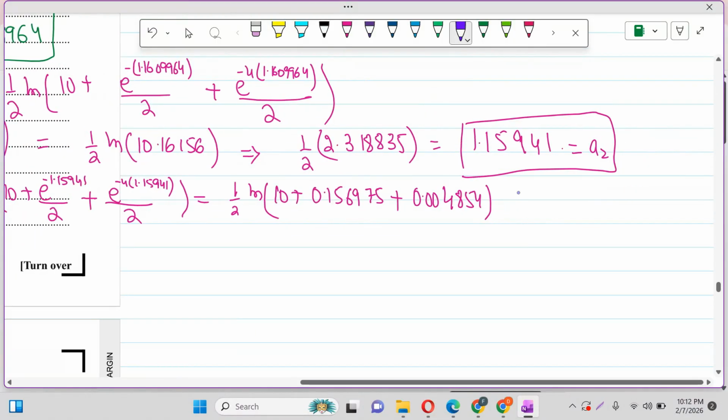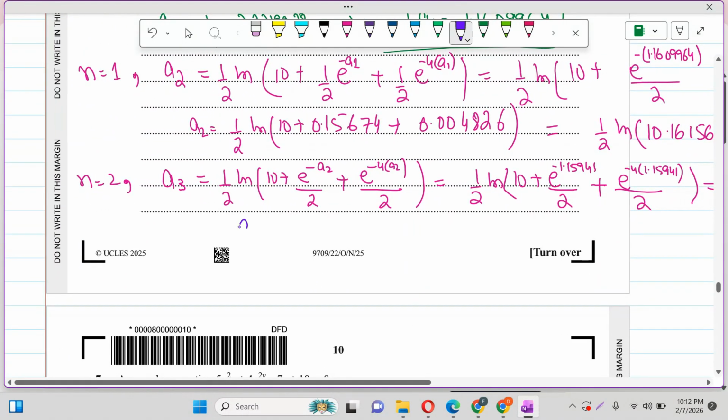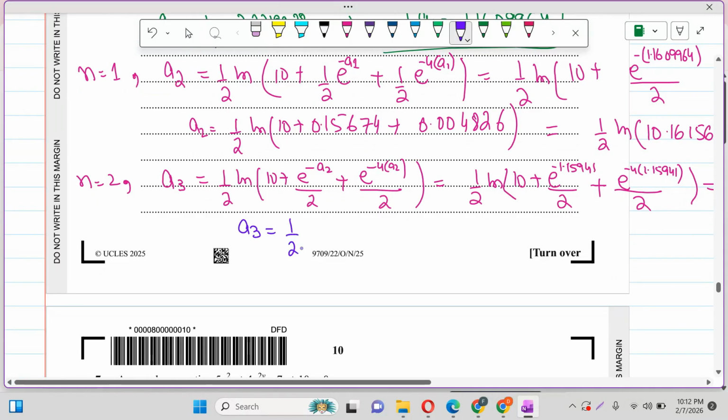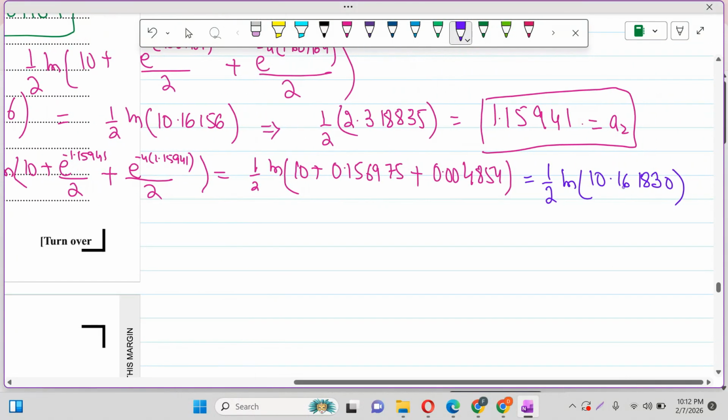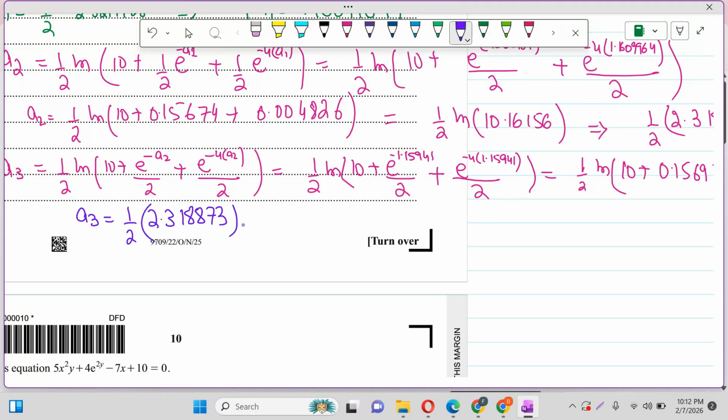When we add them, we will have 1 over 2 ln 10.161830. So a3 is equal to half ln 10.161830, which is 2.318873, and this one is equal to 1.1594369, which is a3.